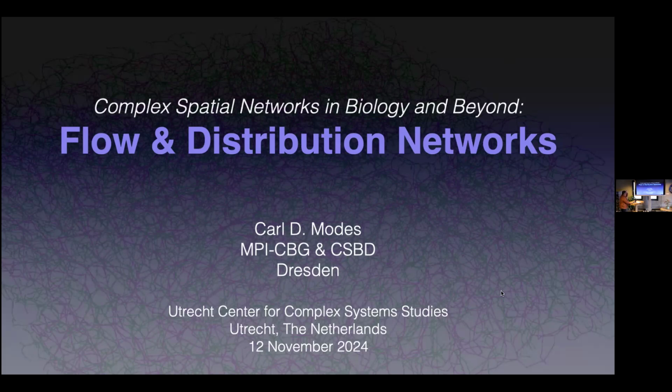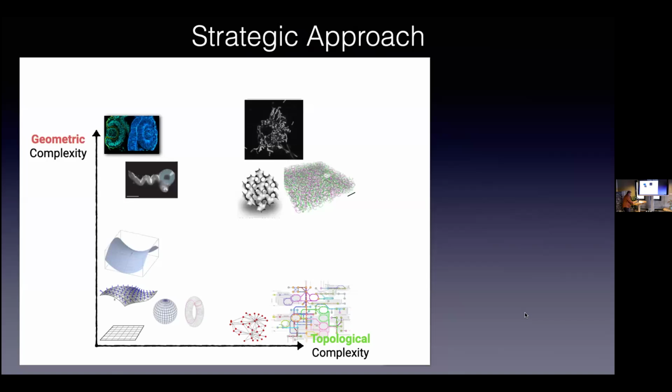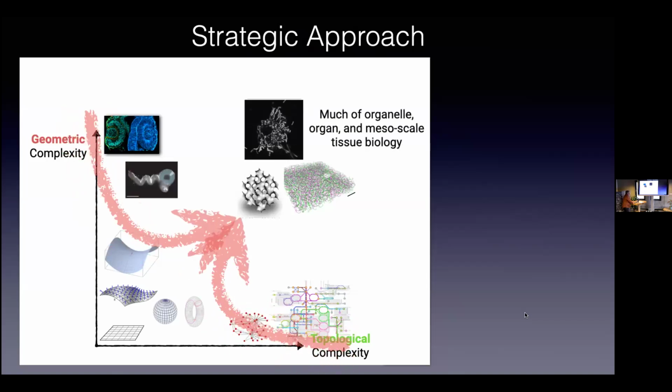Alright. Okay, anyway, so now to the slide part. Flow distribution networks and adaptation. Just to remind you, we had this slide yesterday. I'm interested in, and we're going to talk about these 3 days, the cases where geometry and topology are found together.